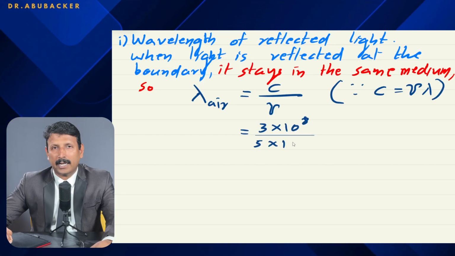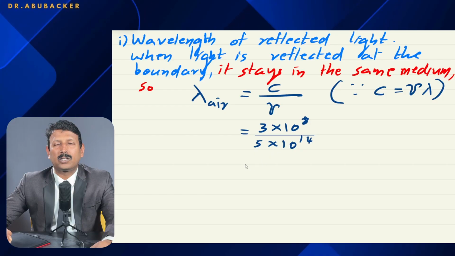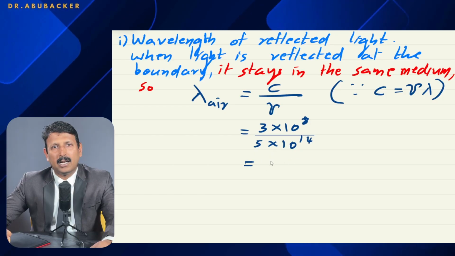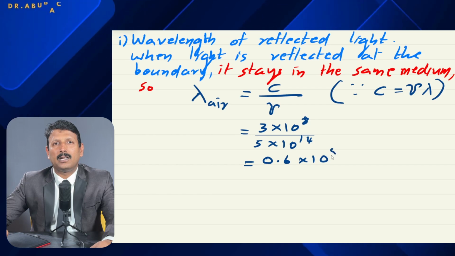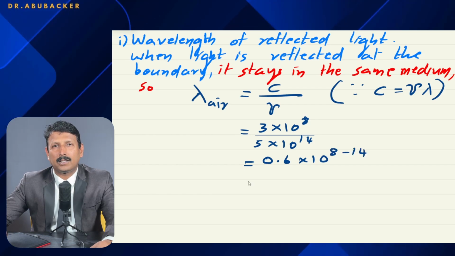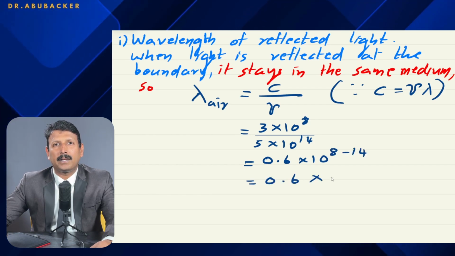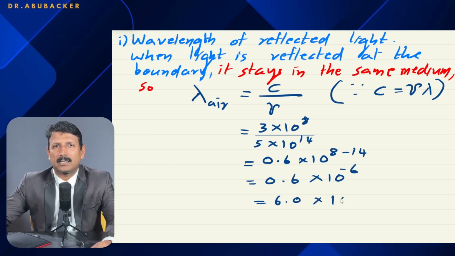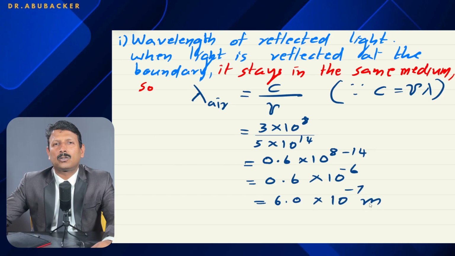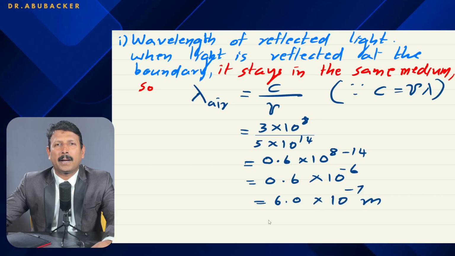So lambda air is equal to c by nu, which is 3 into 10 raised to 8 divided by 5 into 10 raised to 14. Division of 3 by 5 is 0.6. Applying the exponent rule, from the denominator 14 comes, so 8 minus 14 is minus 6. Then shift one point, so 0.6 is written as 6 into 10 raised to minus 7.